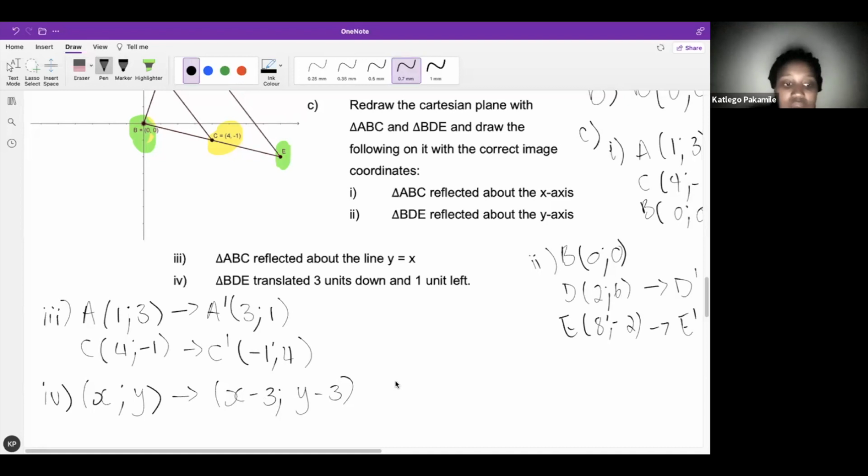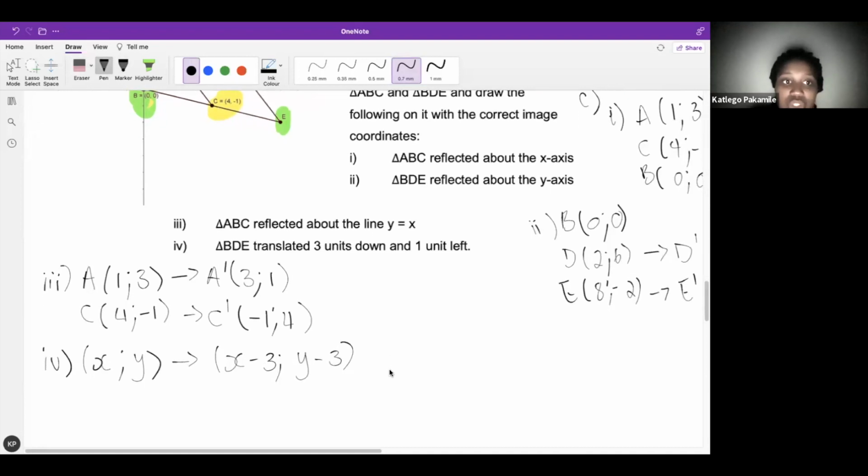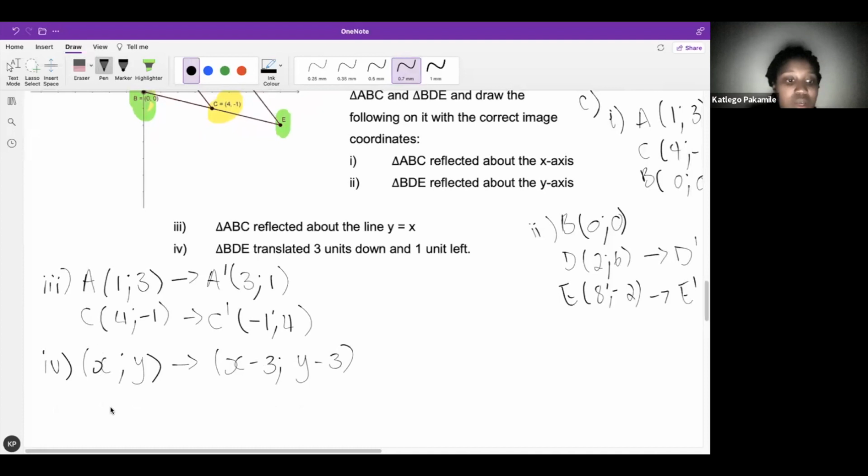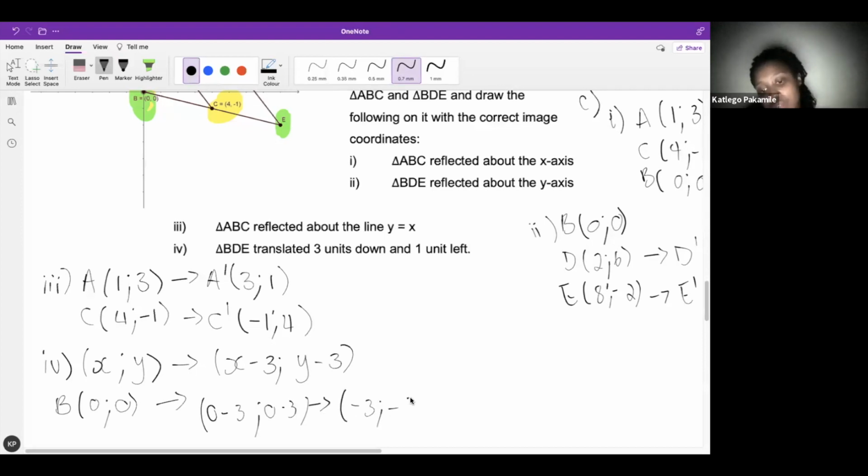Okay, this time B is going to change, okay? Because we're not timesing or minusing, we are adding and subtracting. So let's start with B. It goes from 0, 0. What happens if you minus 1 and minus 3? What's my new coordinate? You can substitute, right? So you're basically going to say 0 minus 1 and 0 minus 3. So your new coordinates will be what? There we go. Negative 1, negative 3.